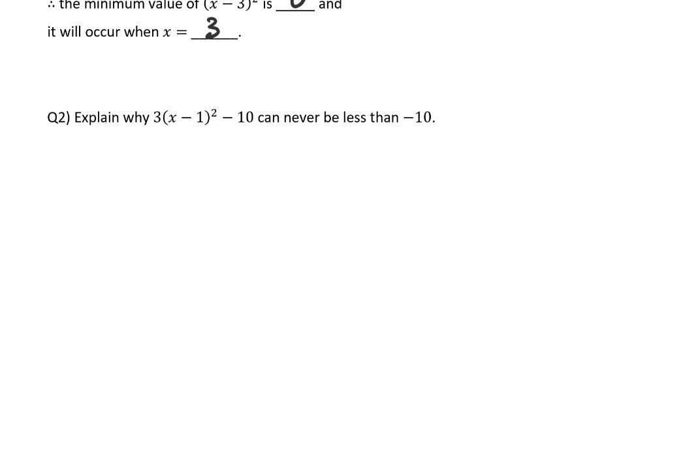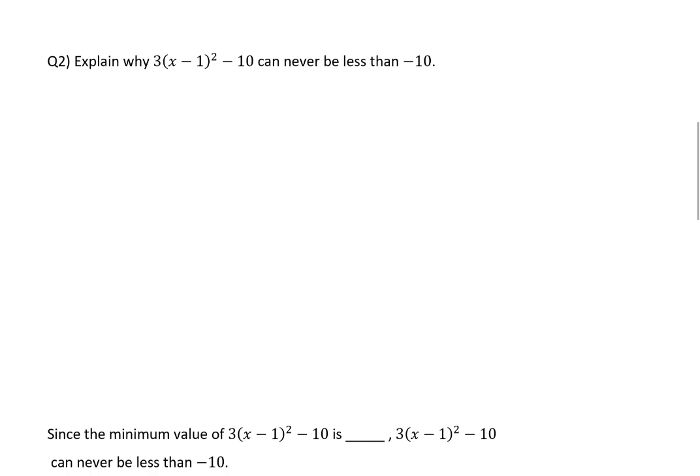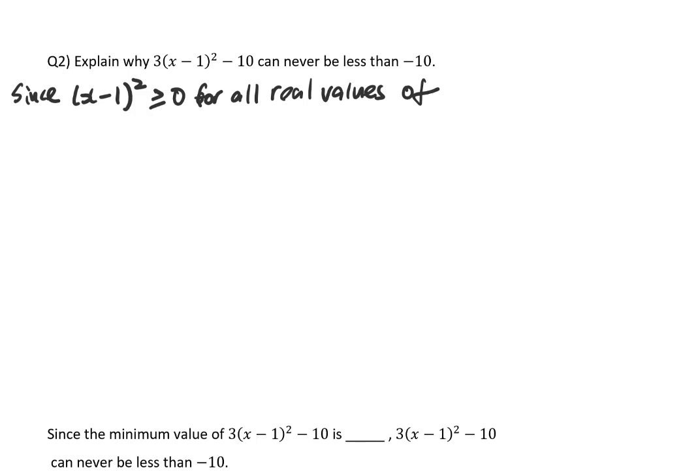Explain why 3 bracket x minus 1 squared minus 10 can never be less than minus 10. Now, again, you have to start by writing the property of the square. Since x minus 1 squared must be at least positive or 0 for all real values of x, now I need to times 3. 3 bracket x minus 1 squared, I times 3 on both sides. 0 times 3 is just 0.